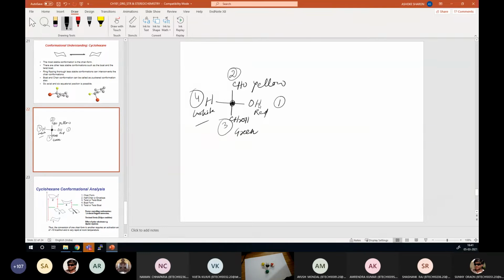How anti-clockwise? I don't know. This is 1, this is 2 and this is 3. So now is this clockwise or anti-clockwise? You see, red is 1, yellow is 2, green is 3. Is it clockwise or anti-clockwise?